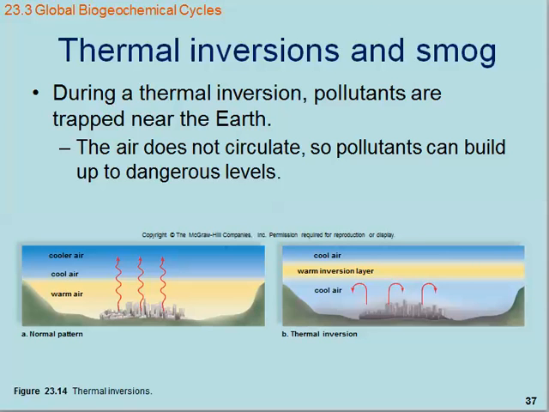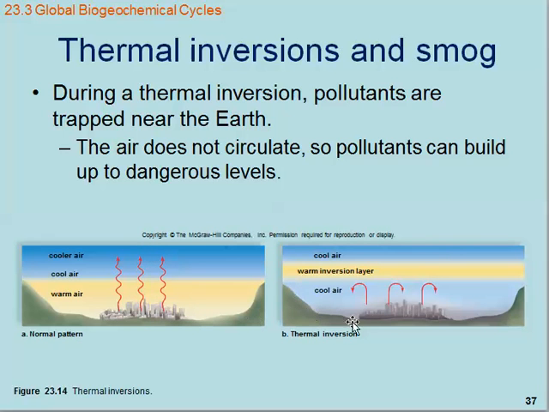strong sunlight, what can happen is a colder mass of air can come in and get trapped in this area. Again, normally there would be a warm air layer below a cooler area, which will allow this air mass to rise up, mix, getting rid of the pollutants that are formed in the city.